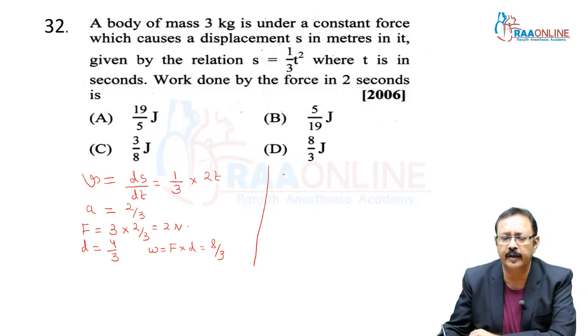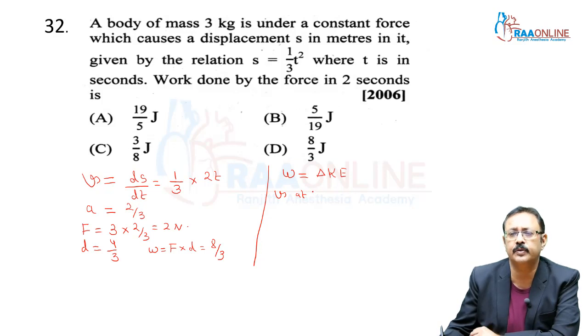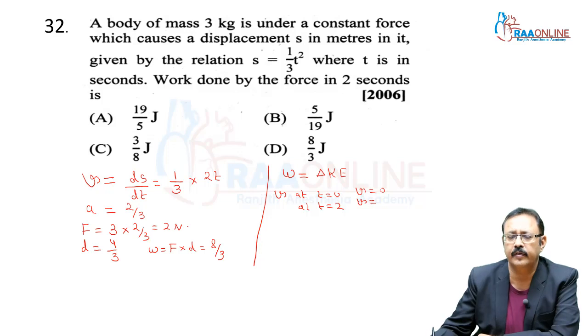If you want to calculate by work energy theorem, you can do work is equals to change in kinetic energy. What is the change in kinetic energy? We have to calculate velocity at t is equals to 0. V was 0. At t is equals to 2, velocity was 4 by 3.